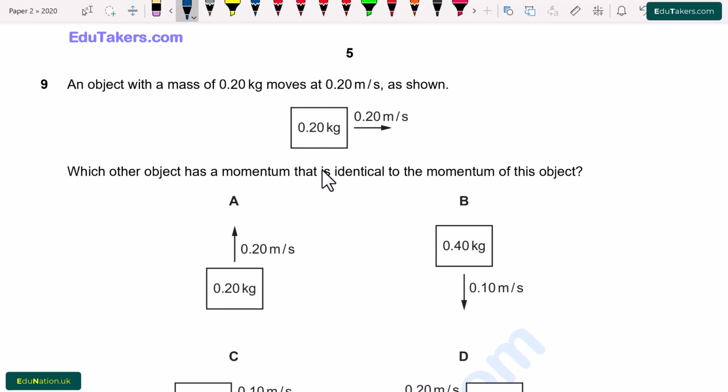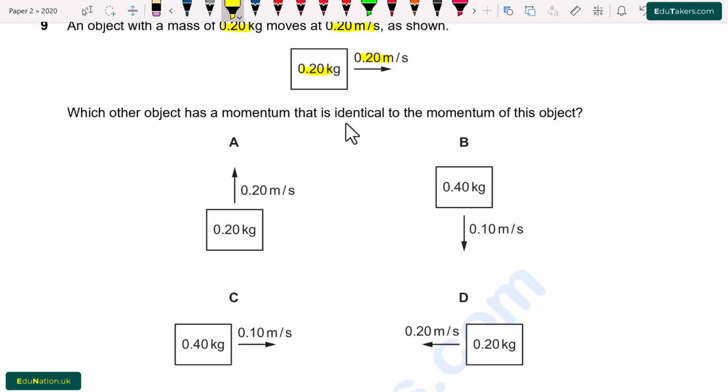Question number 9. An object with a mass of 0.20 kilogram moves at 0.20 meter per second as shown. So first of all, here is the object whose mass is 0.2 kilogram and it is moving at a speed of 0.20 meter per second. Which other object has a momentum that is identical to the momentum of this object?